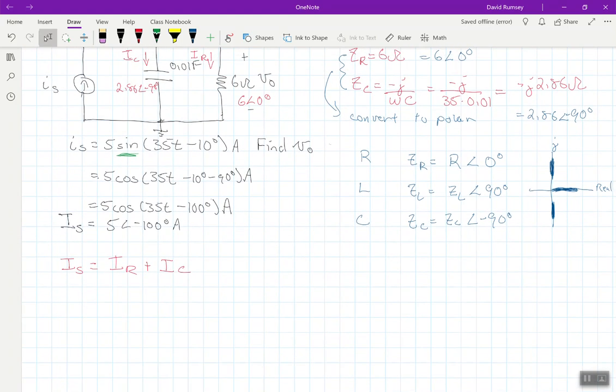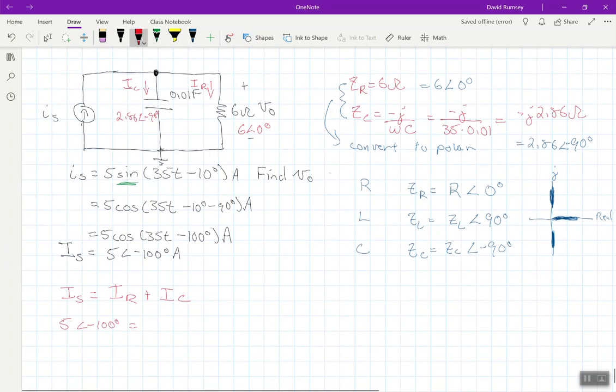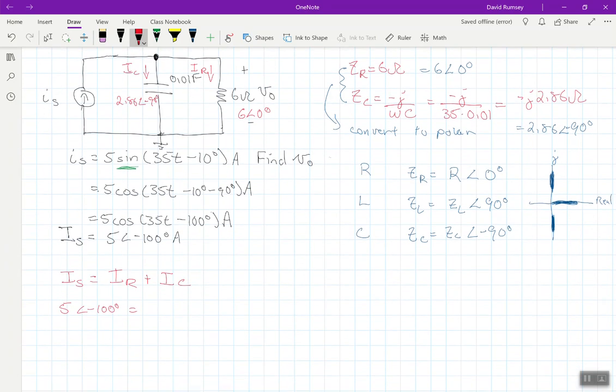And so we'd have 5 at an angle of negative 100 degrees is equal to, well, if I think about this, as far as voltages are concerned, this would be the output voltage divided by the resistance, or the impedance.